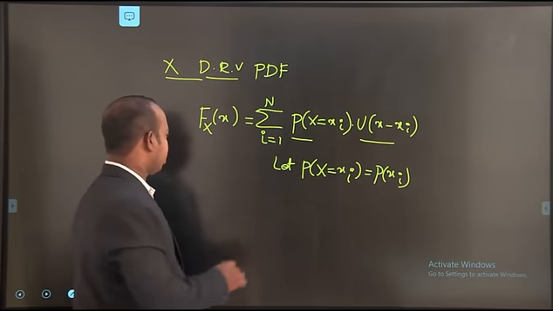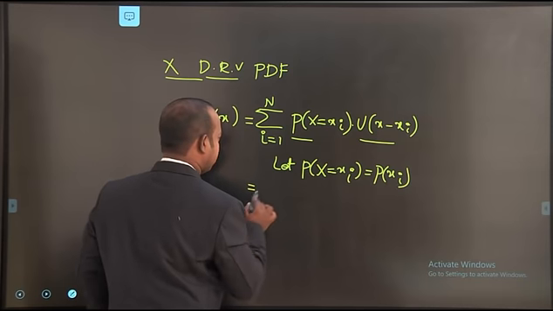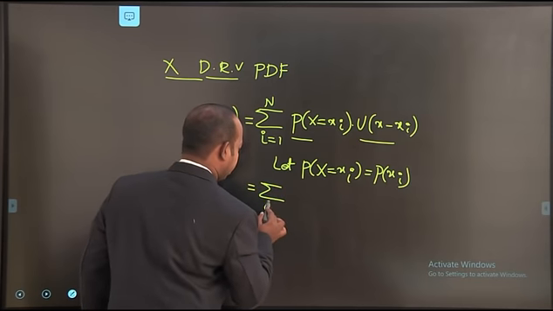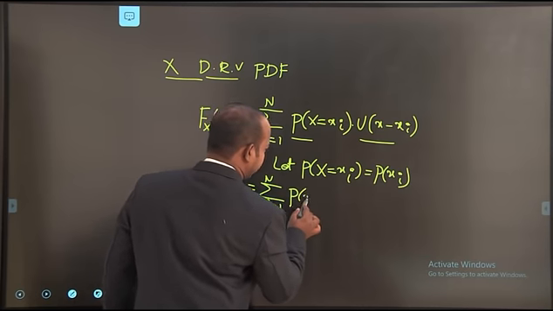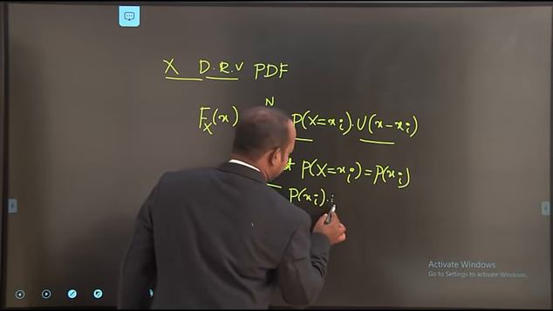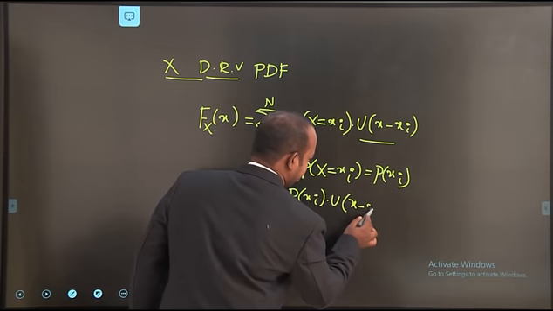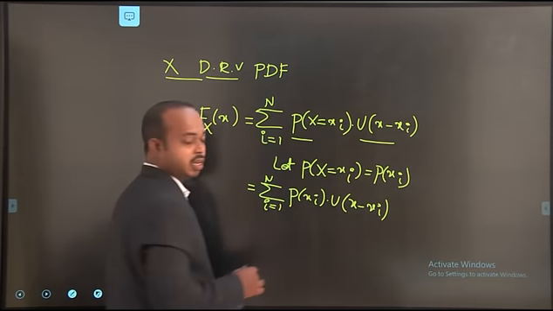Now you can represent the basic definition: the summation i is equal to 1 to n of the probability of xi into u of x minus xi.